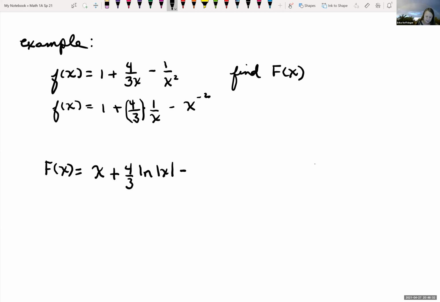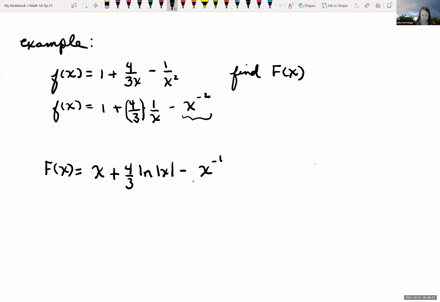Minus, so thinking to ourselves again, what would I take the derivative of to get back x to the -2 power? Well, remember, for the derivative we subtract 1 from our exponent, so for the antiderivative we're going to add 1 to our exponent. So if I add 1 to my exponent of -2, I get back -1.